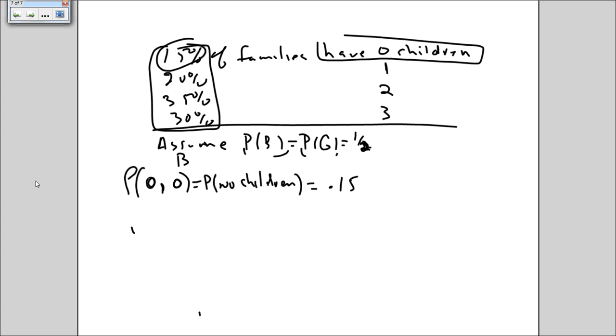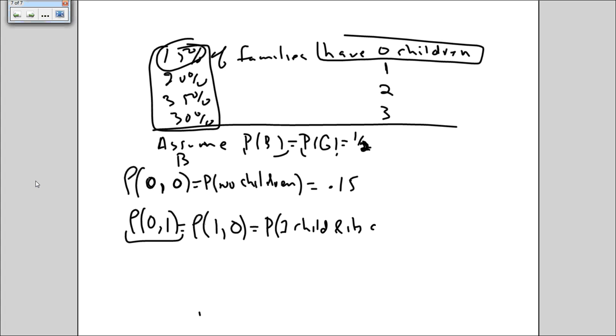Okay, what's the probability that you have 0 girls and 1 boy? By the way, that's going to be the same as having 1 girl and no boys. But let's compute this one. So we want the probability that you have 1 child and it's a girl.